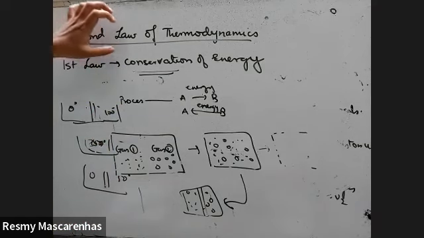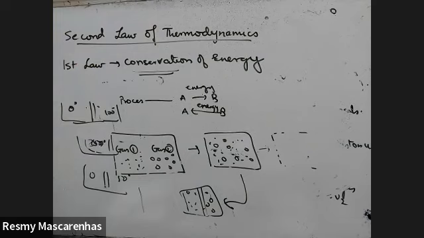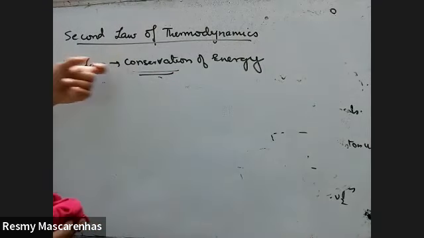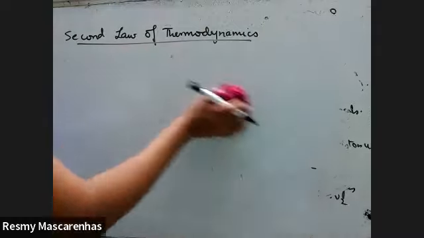That is based on the law of nature. Time is one more example. Time moves forward. Can you take it backwards? No. So something occurs in nature which doesn't follow the first law of conservation of energy.